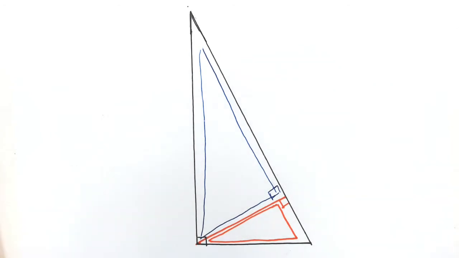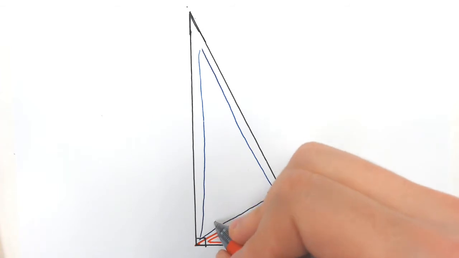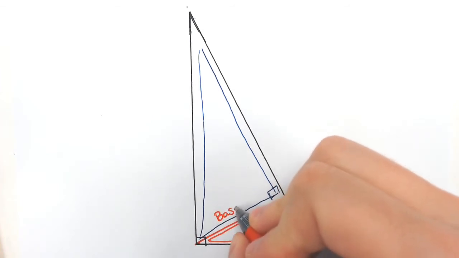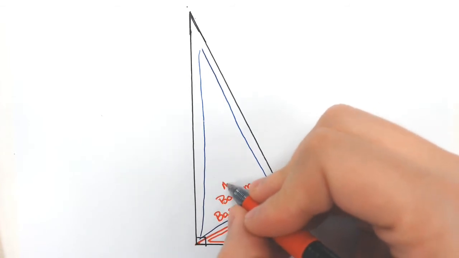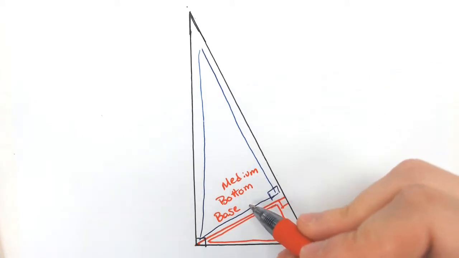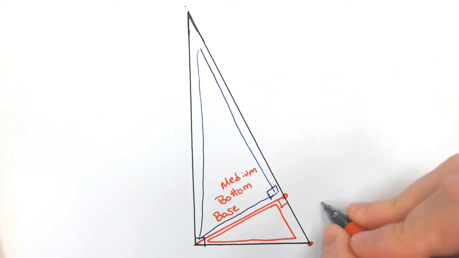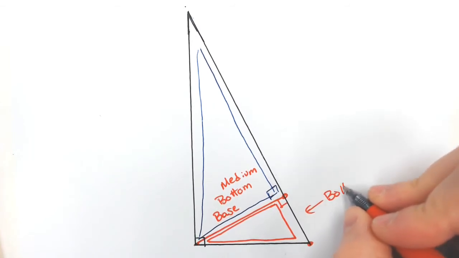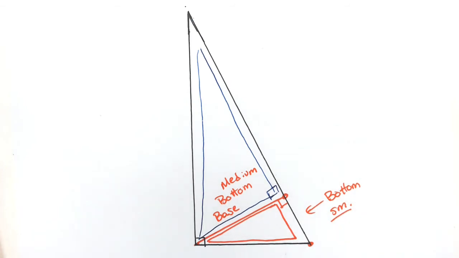Now, this part right here in the middle is always going to be the bottom, or base, of what I call the medium triangle. This part from here to here is always going to be the bottom of my small triangle. So this is the bottom of the medium one, and this is the bottom of the small one.